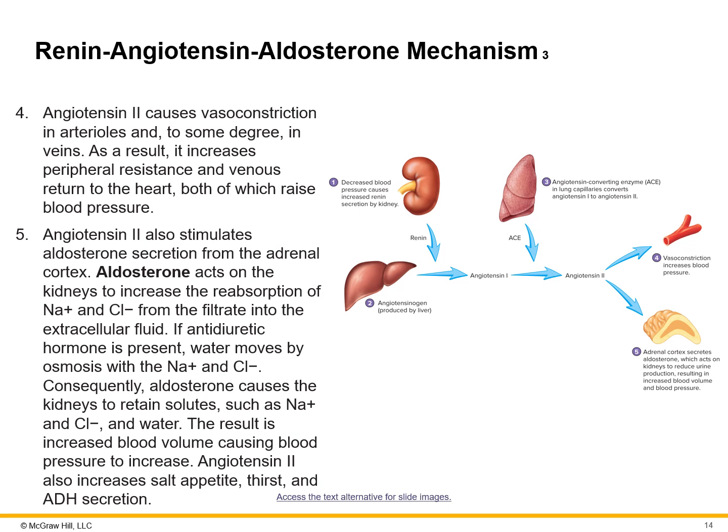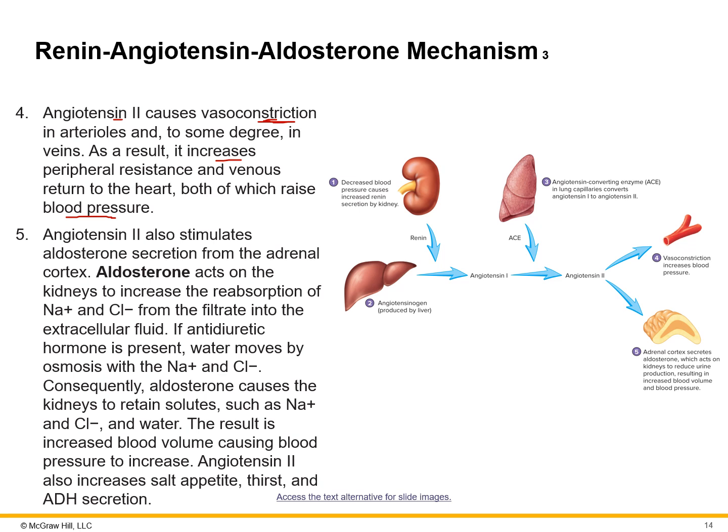Well, that angiotensin 2 causes vasoconstriction of the arterioles and a little bit of the veins, which is going to increase the resistance and venous return, which are going to increase that blood pressure. Again, this is in response to low pressure.